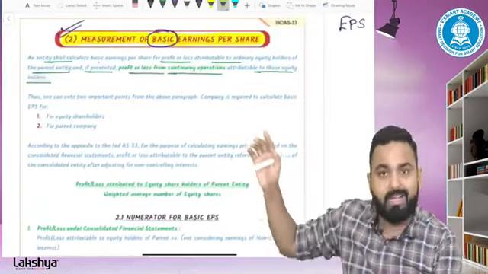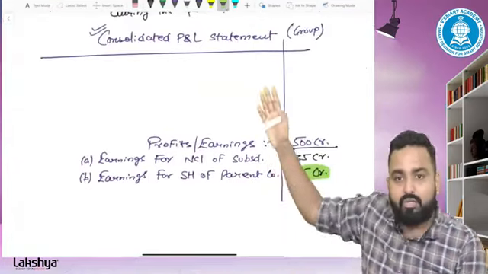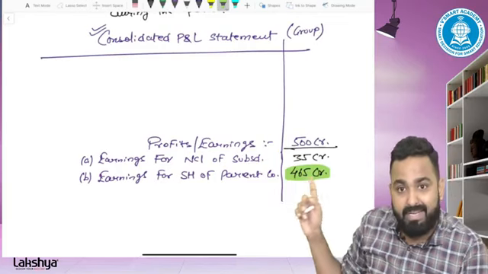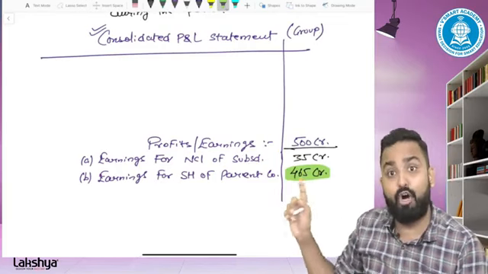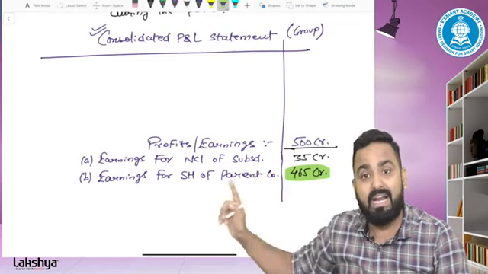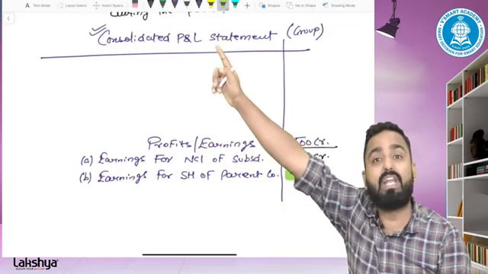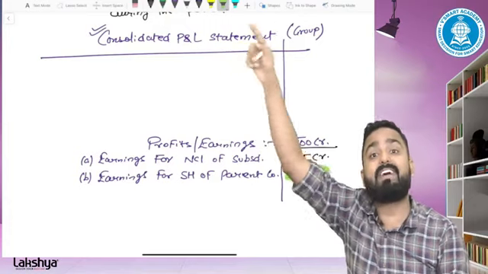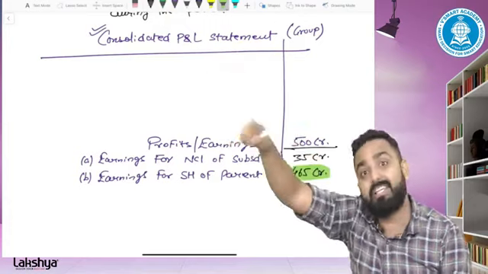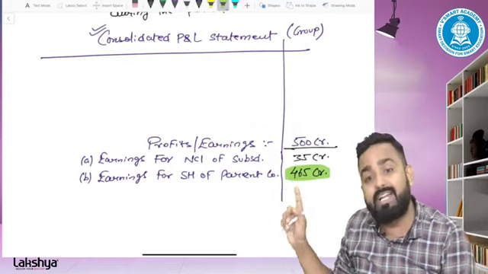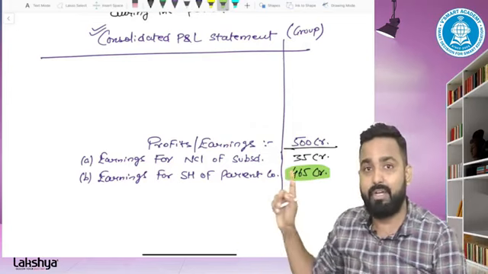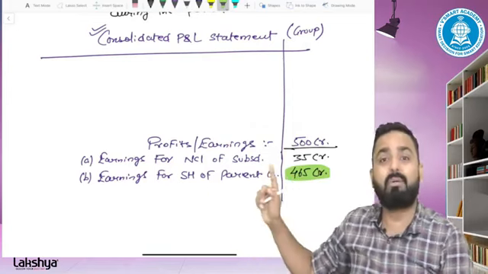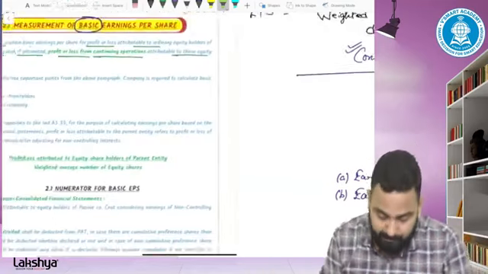Have you imagined this situation? As far as consolidated financial statements are concerned, we need consolidated EPS, and for preparing consolidated EPS, we need this profit, the earnings attributable to the shareholders of parent company.